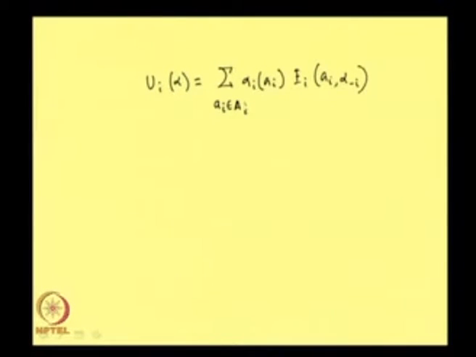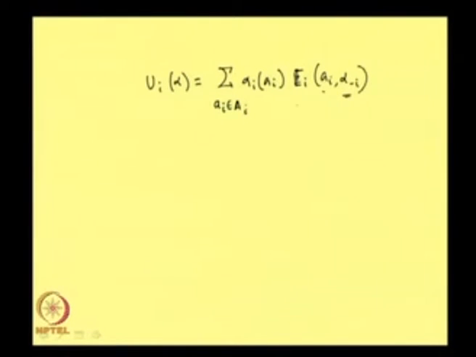So, in short, this can be written in mathematical terms. This is the expected payoff to player i when he is playing a_i and the other players are playing alpha_-i.